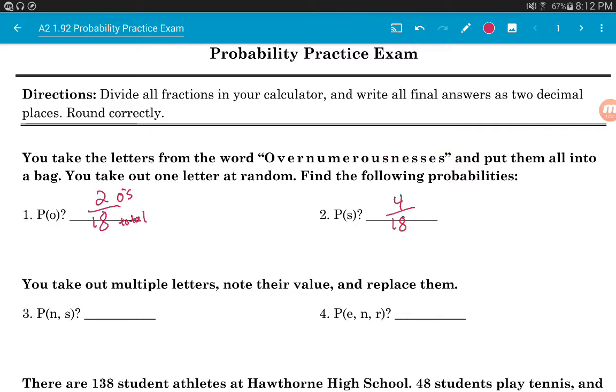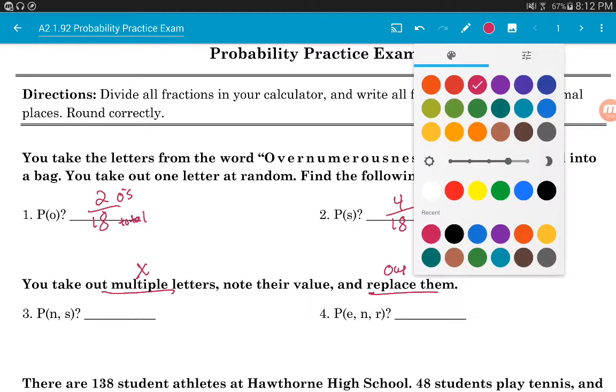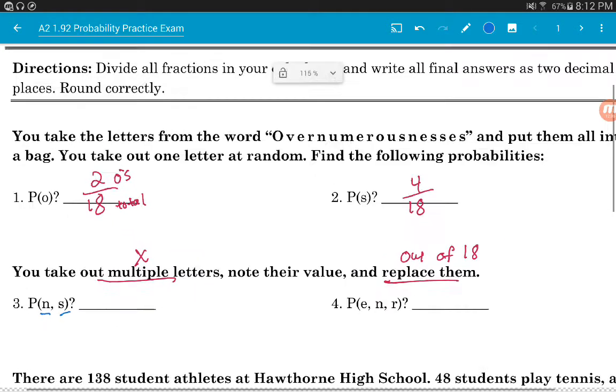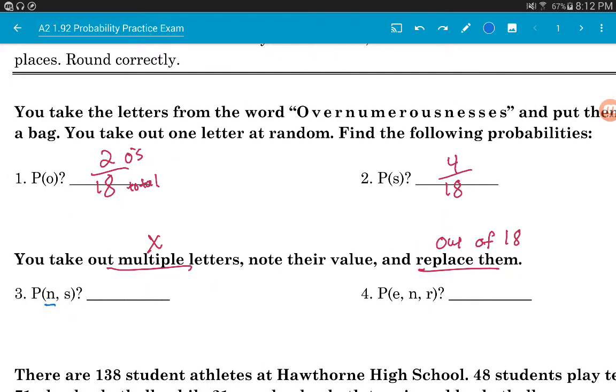Now you take out multiple letters, so it's multiplication. Note their value and replace them, so it's always going to be out of 18. These are independent trials. All right, so the probability of getting an N and then an S. So the probability of getting an N, what did I just erase? Okay.